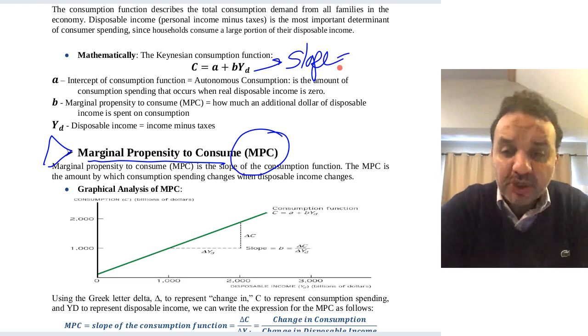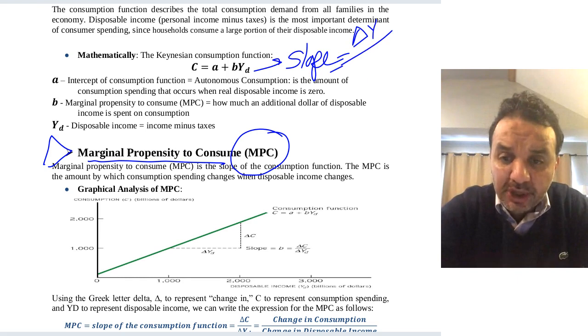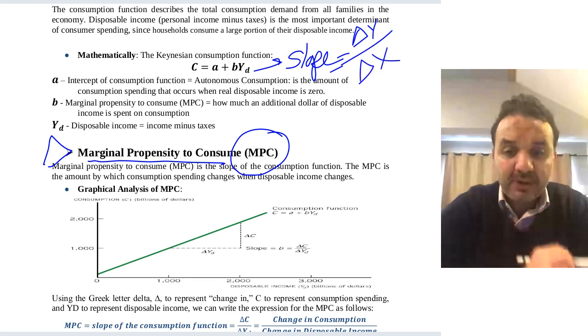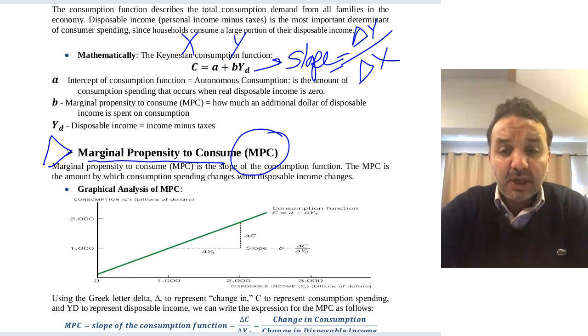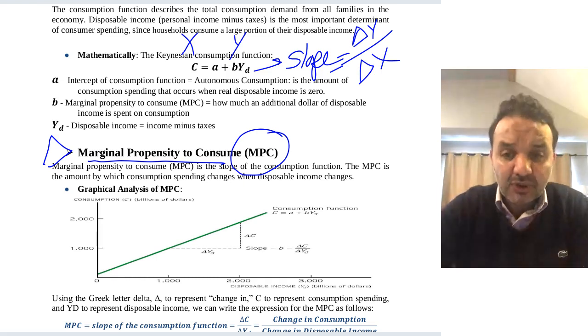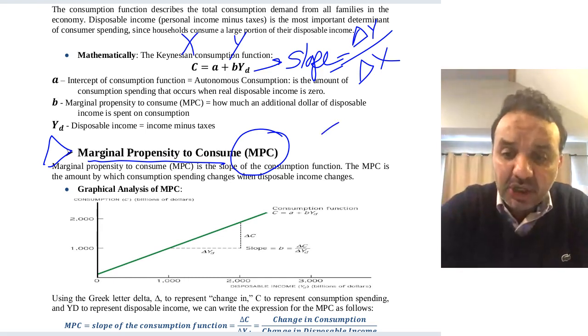You know that the slope of any straight line is a change in y over a change in x, right? Like this is your x and this is your y. This is the general formula for the slope. If we apply this particular formula in our case, the y here is your income.